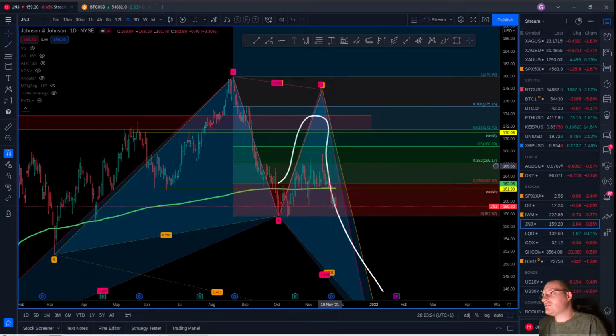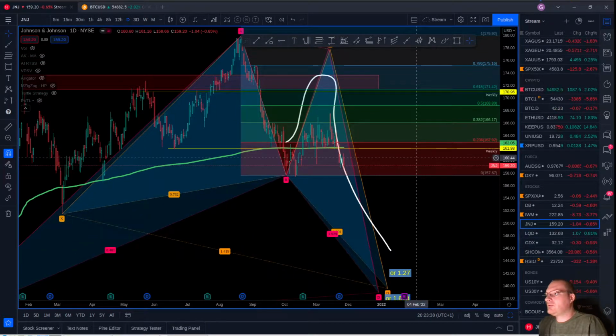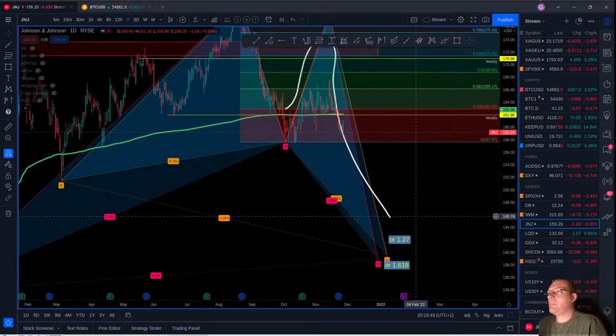So we did find resistance at the 0.382, which is the minimum for this harmonic pattern. So for this one we might look for around 140, around that zone, a bit below, a bit above.